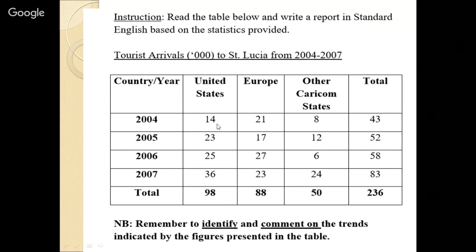So it's 14, 23, 25, 36. We're not going to look at the totals column, because the totals column in this case would be the total figure based on all of these figures. So is the trend of United States one of increase? Is it one of decrease? Is it consistent or does it fluctuate?